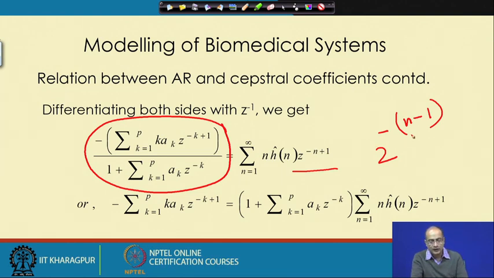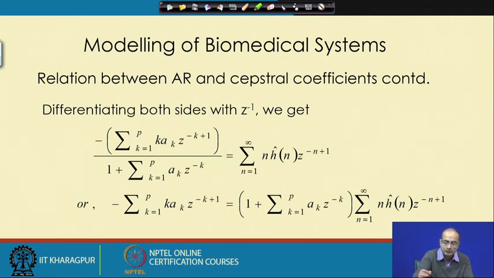To simplify it, we can multiply both sides with the denominator of the left-hand side. So, we get polynomials on both sides, and in the left-hand side we get powers of z starting from z to the power 0 to z to the power 1 minus p.